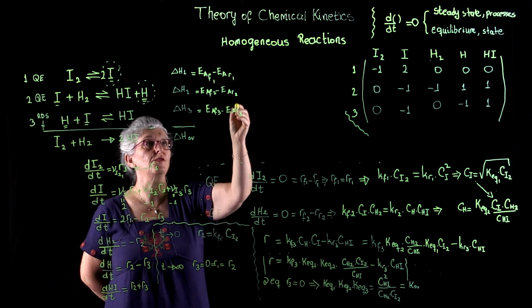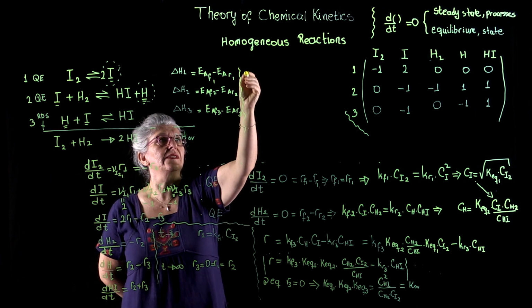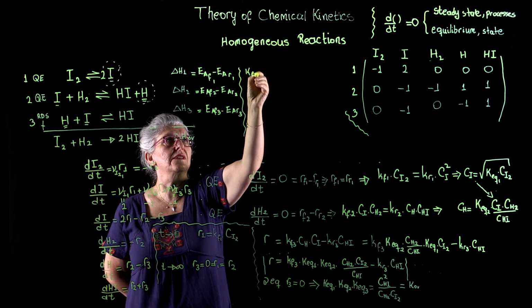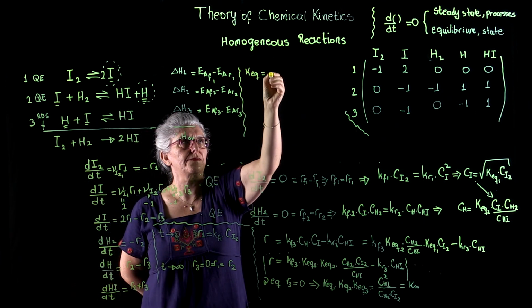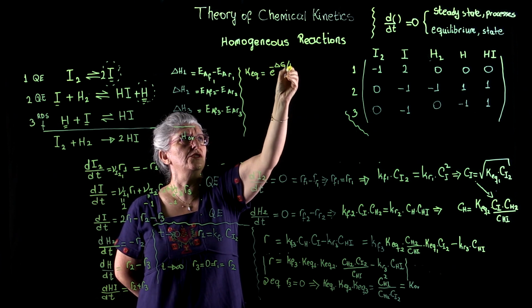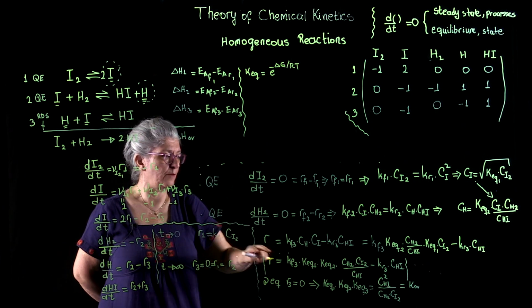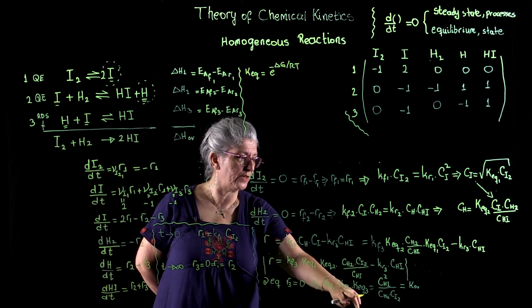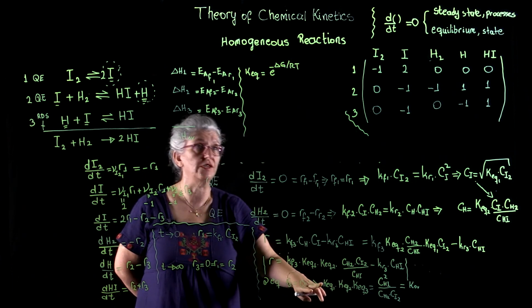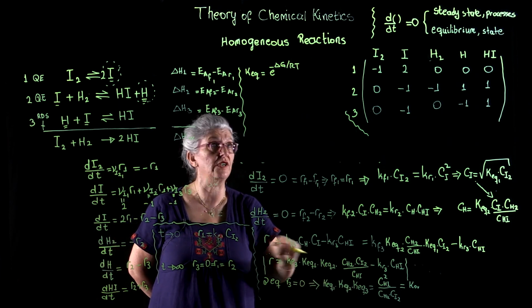by starting from the fact that the equilibrium constant is equal to e to the minus delta G over RT. So I'm going to carry this expression, K overall equals K equilibrium 1, K equilibrium 2, K equilibrium 3.